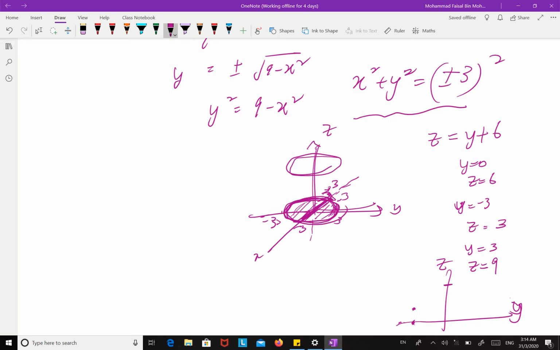Then when y equals 3, z equals 9. So somehow it's a slice. So you can imagine that there is something sliced over here. Okay, there's something sliced here.